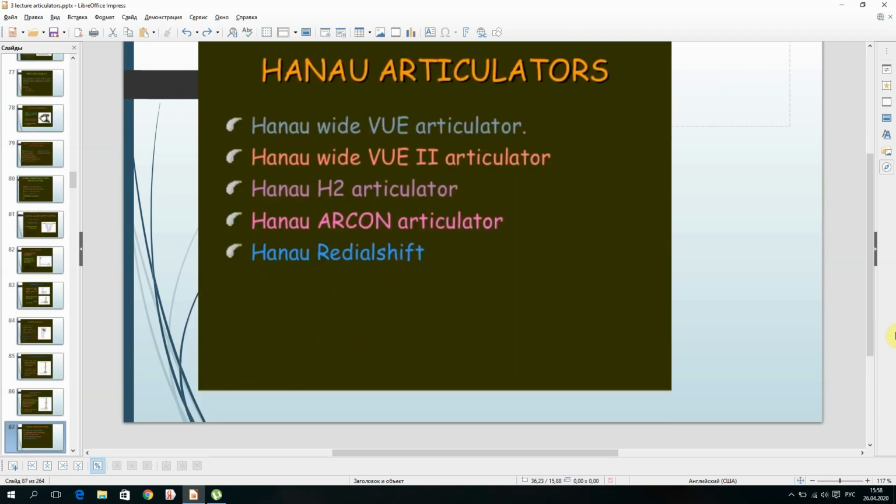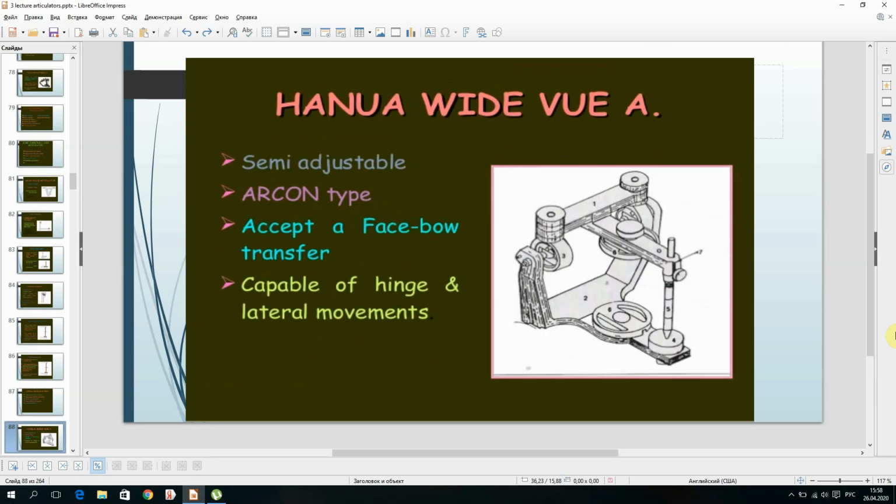Now, Hanau articulators: Hanau Wide-Vue articulator, Hanau Wide-Vue 2 articulator, Hanau H2 articulator, Hanau Arcon articulator, Hanau Radial Shift. Hanau Wide-Vue articulator: semi-adjustable Arcon type, accepts the face-bow transfer, capable of hinge and lateral movements.